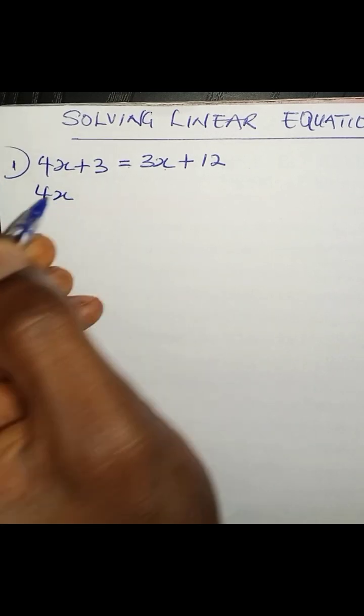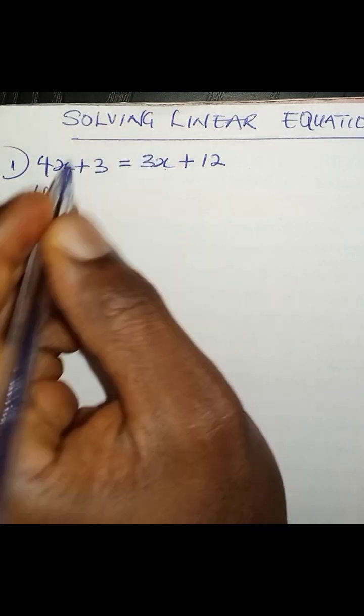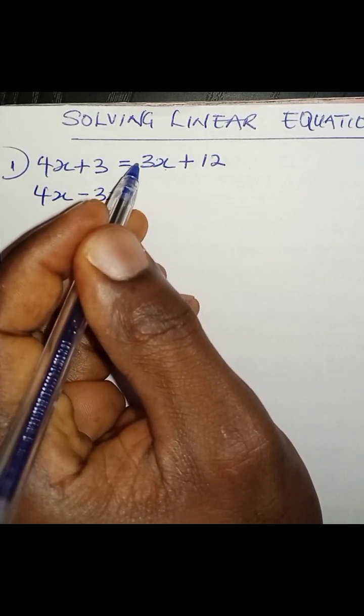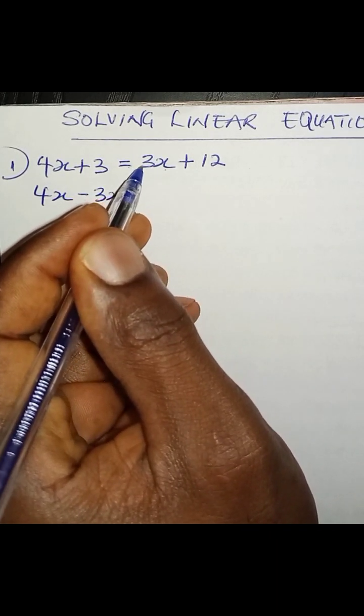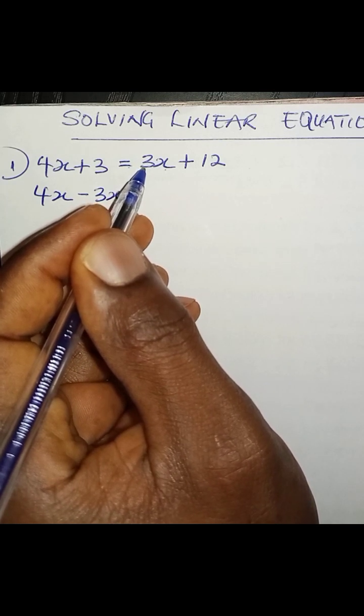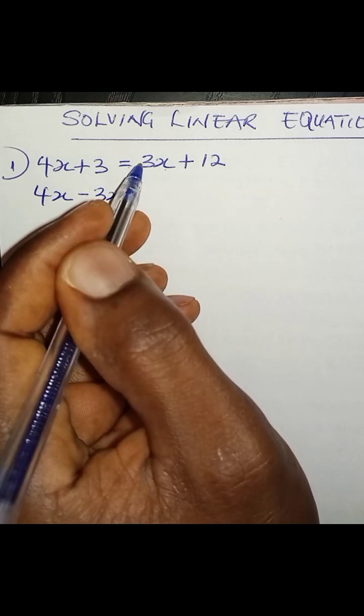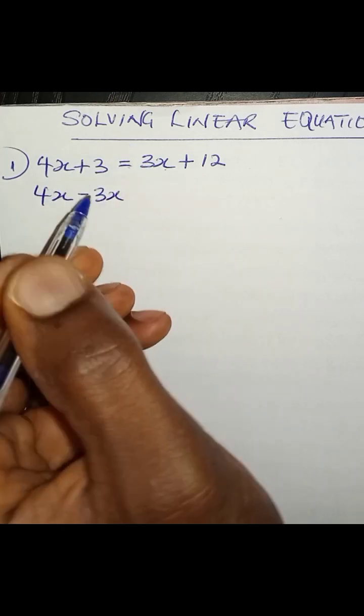So we have 4x plus 3x comes here to become minus 3x. Don't forget this 3x has a positive sign. Every number has a positive sign before it. It's when it's crossing the equality sign that you bring it out and you observe it. So plus 3x crosses the equality sign and becomes minus 3x.